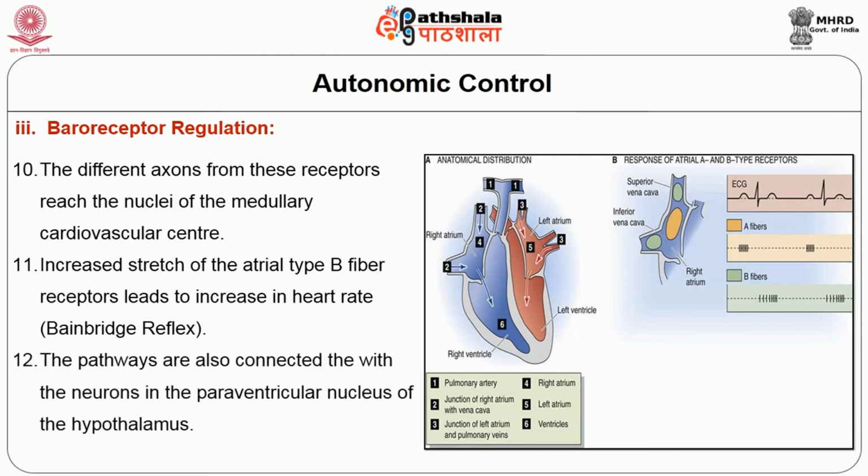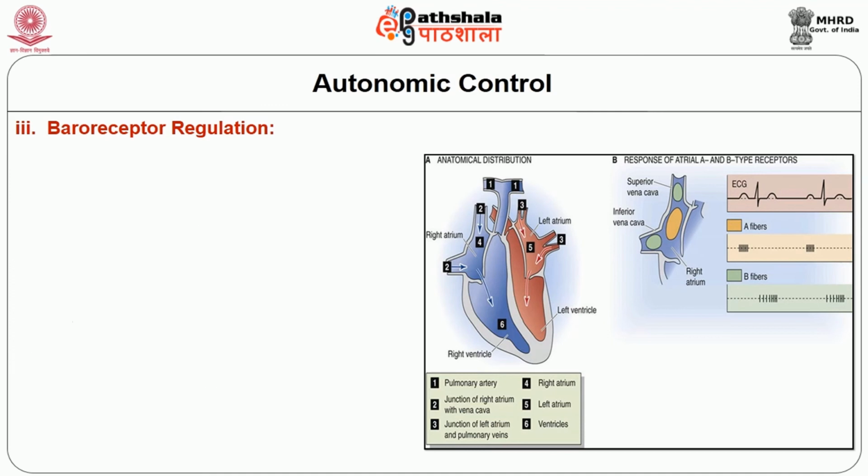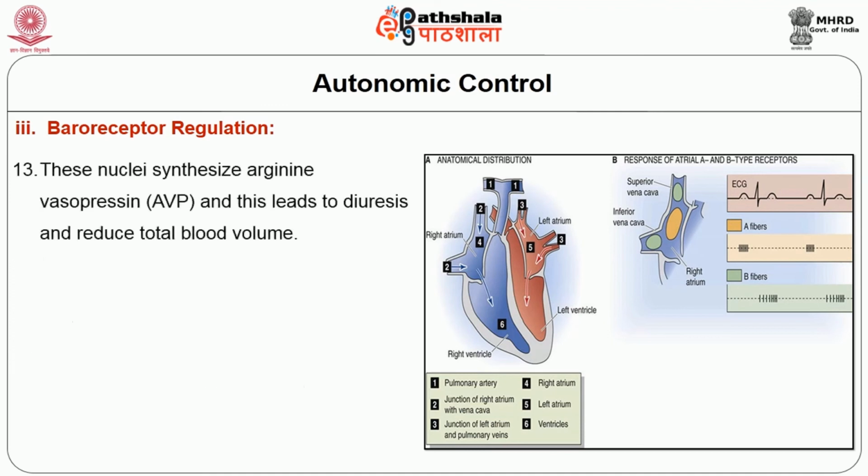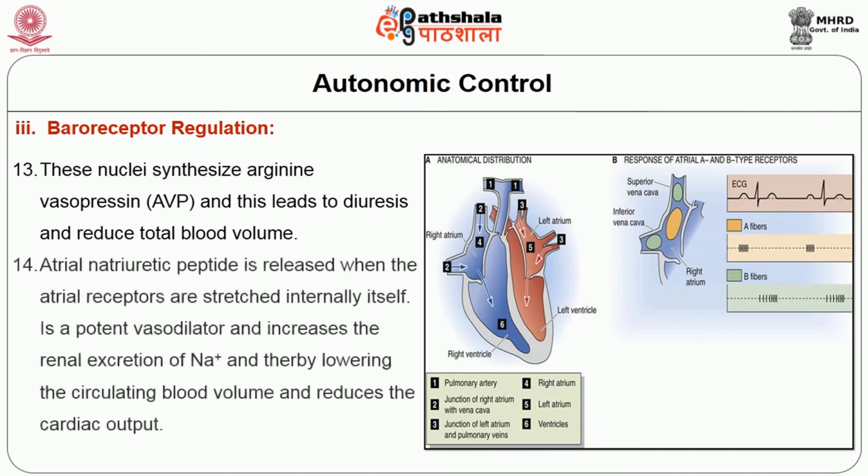The pathways are also connected with the neurons in the paraventricular nucleus of the hypothalamus. These nuclei synthesize arginine vasopressin, that is called AVP, and this leads to diuresis and reduces the total blood volume. Atrial natriuretic peptide is released when the atrial receptors are stretched.